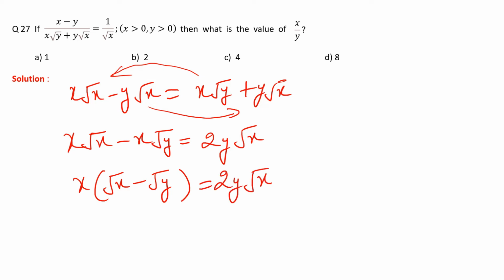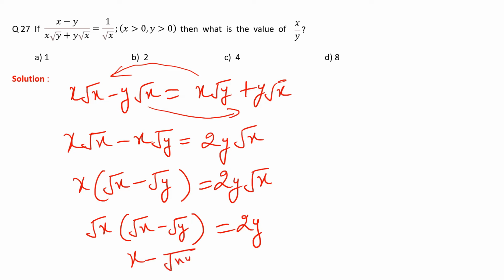Now it's given to us that x is a positive number, so I can cancel out square root of x on both the sides to give us a root x into root x minus root y equal to 2y. Fine. Now it becomes x minus under root of xy equal to 2y.